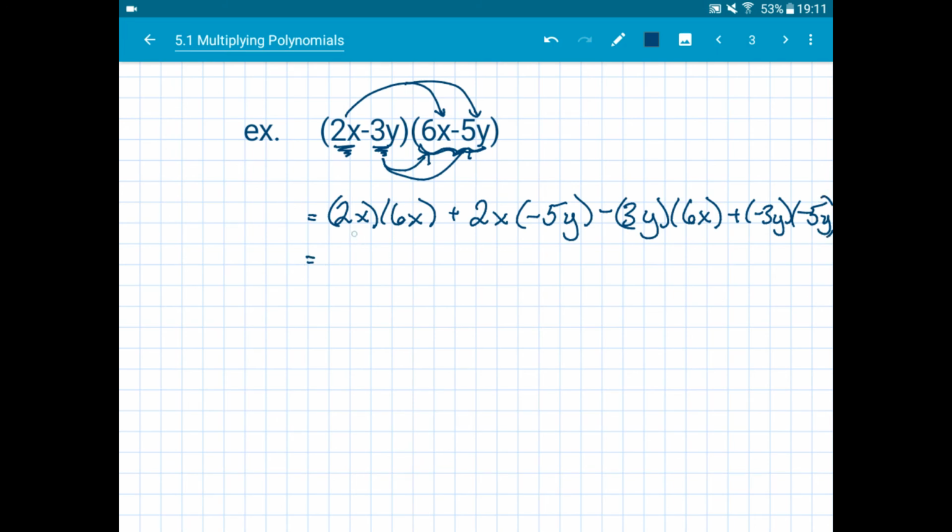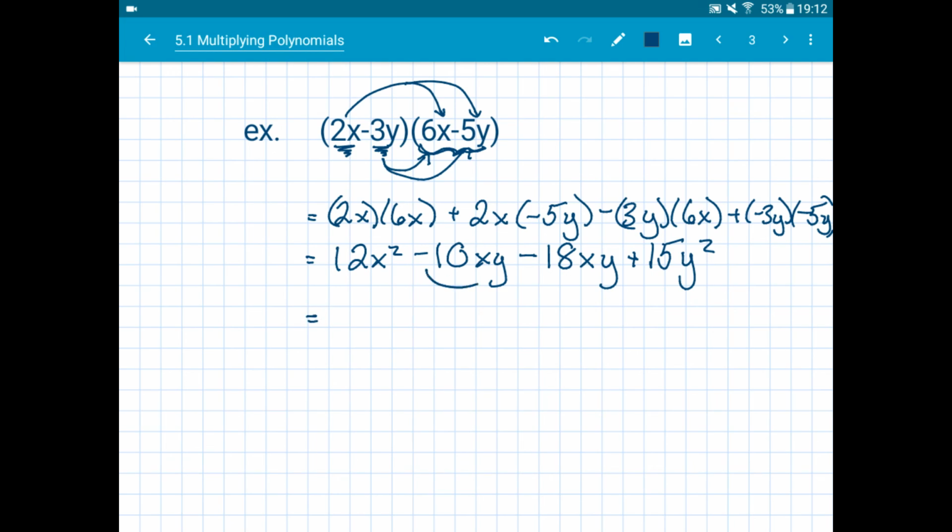Okay, so what do we get all together? This is 12x squared minus 10xy, minus, and I'm just going to write the x's and y's in the same order. Makes it clearer that these are like terms. So minus 18xy, and finally negative times a negative giving us positive, we have plus 15y squared.